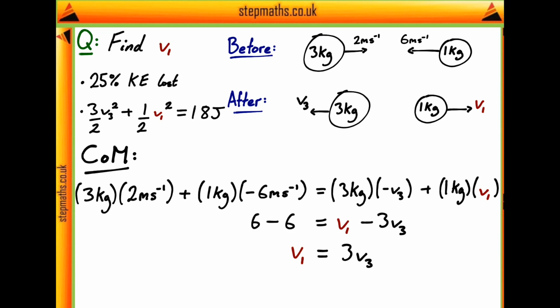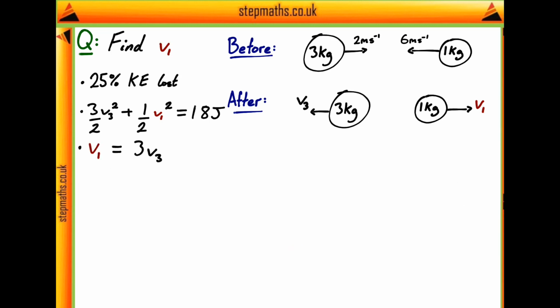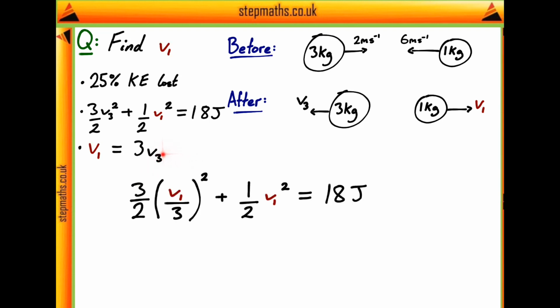So let's start a new page and have a look at doing that. Substituting in that v3 is just going to be v1 over 3 into this, because we want to eliminate v3 since v1 is the unknown we're trying to find, we find that our equation becomes this, which we can simplify by squaring and multiplying by the fractions in front to get this here.